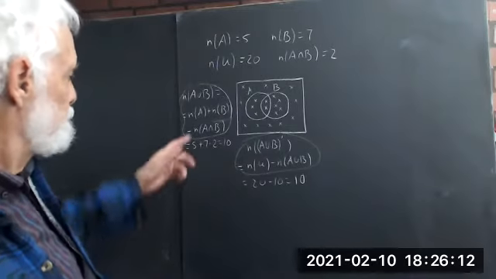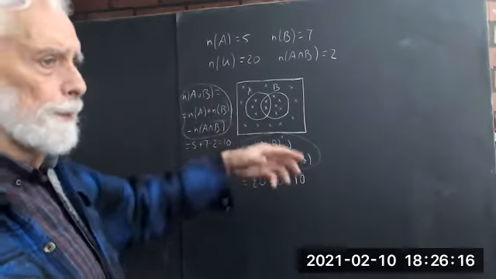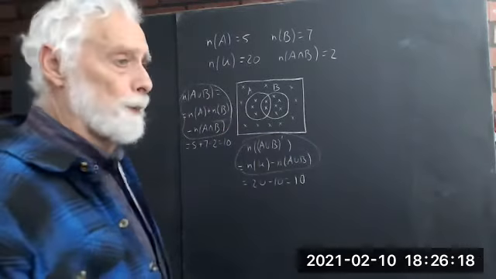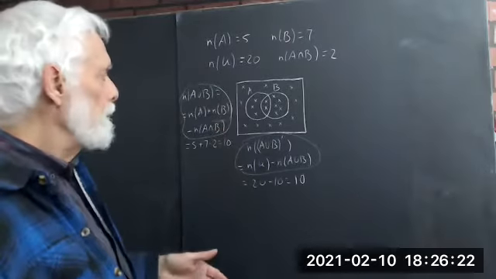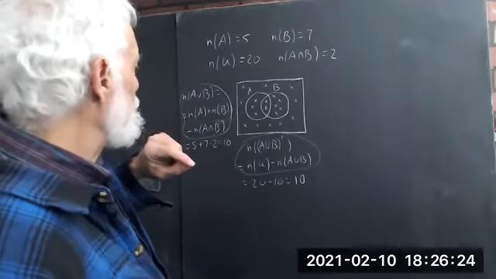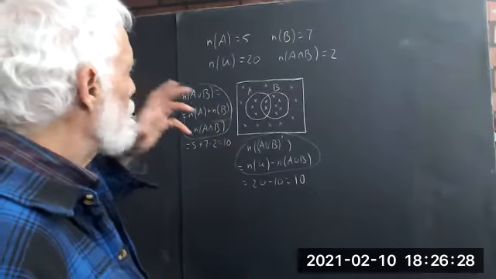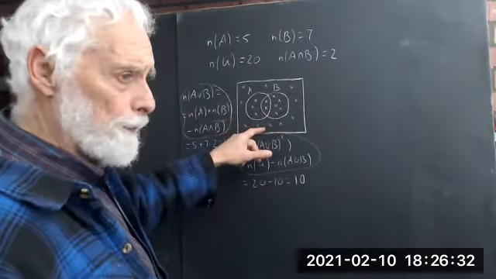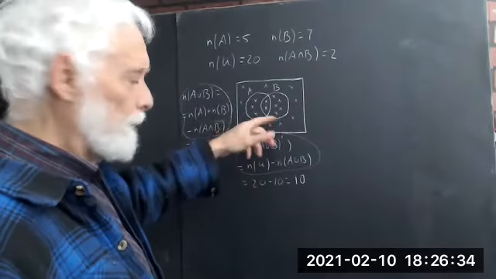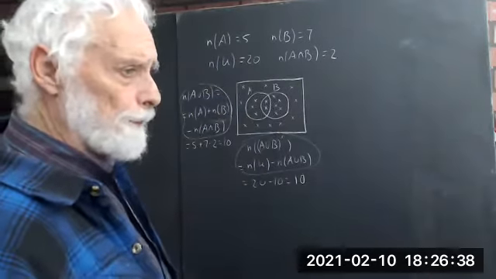And this is particularly important when you're talking about 2 sets and how the numbers split between 2 sets. So, very important idea. You see what we've done is we've got 4 regions, 1, 2, 3, 4, that we can have numbers in, and they add up to the number in the universal set.